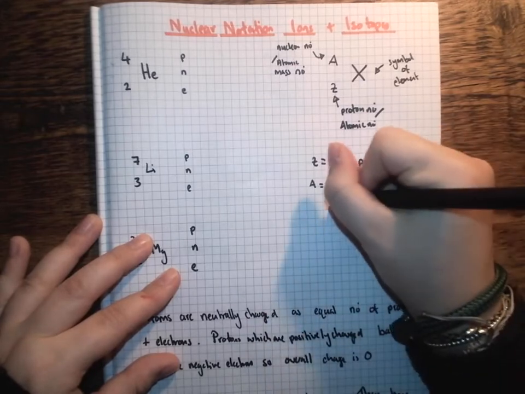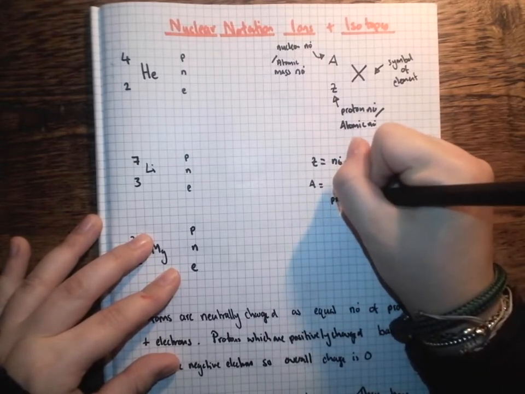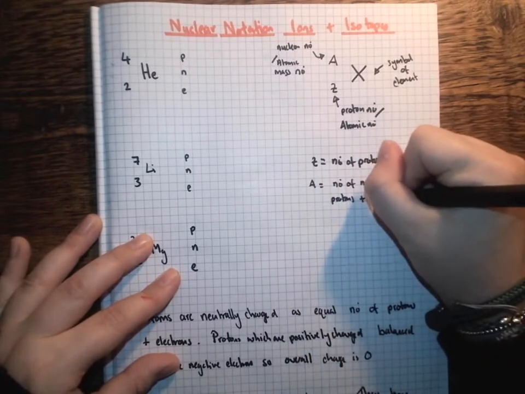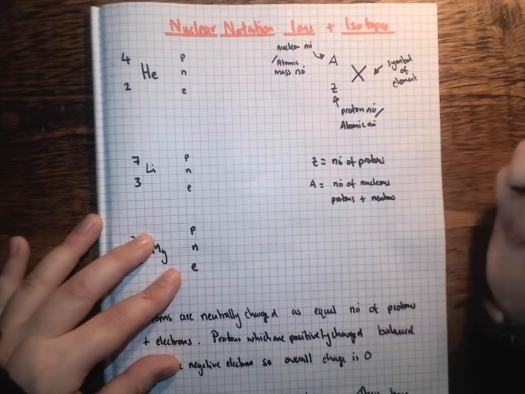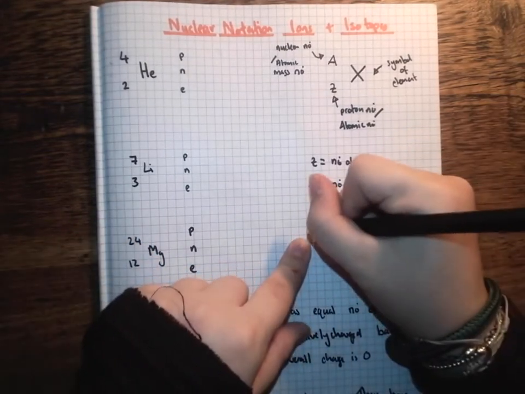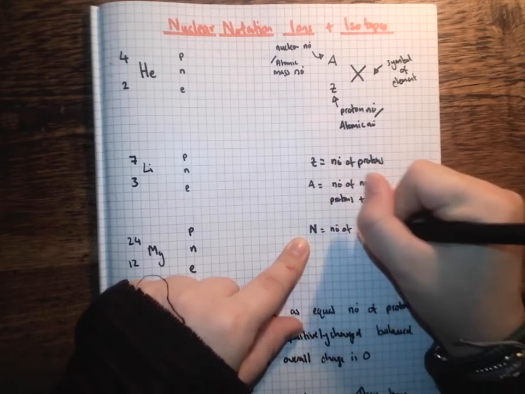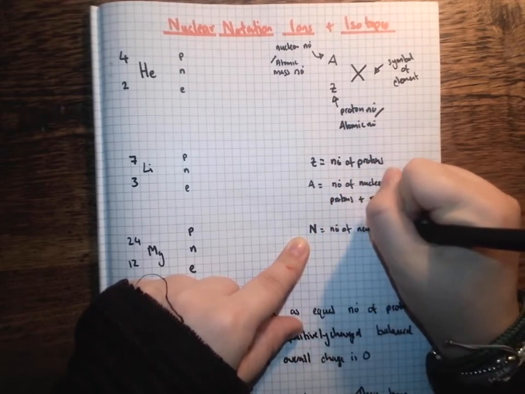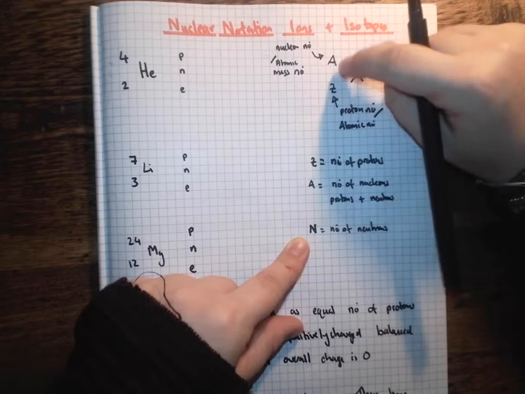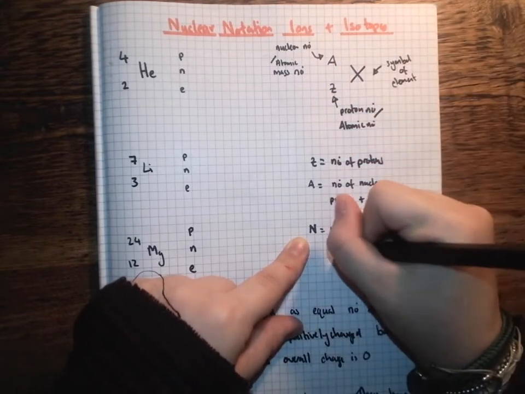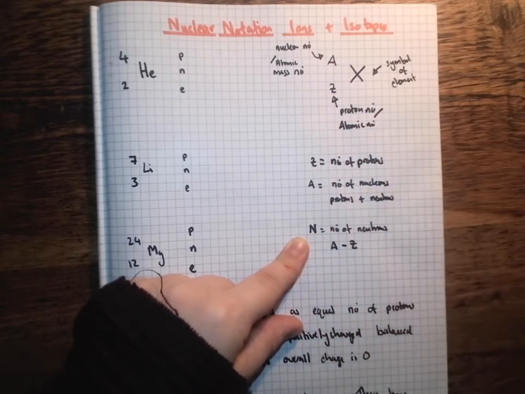In that case, it's the number of protons and the number of neutrons. Okay, so to work out my neutron number, if N was going to be the number of neutrons, what I would have to do is minus Z away from A. So I do A minus Z.